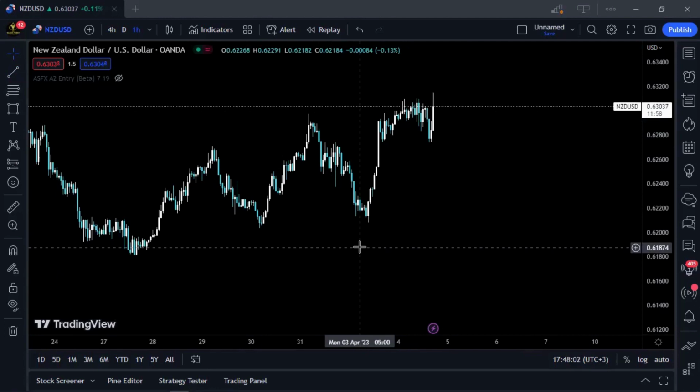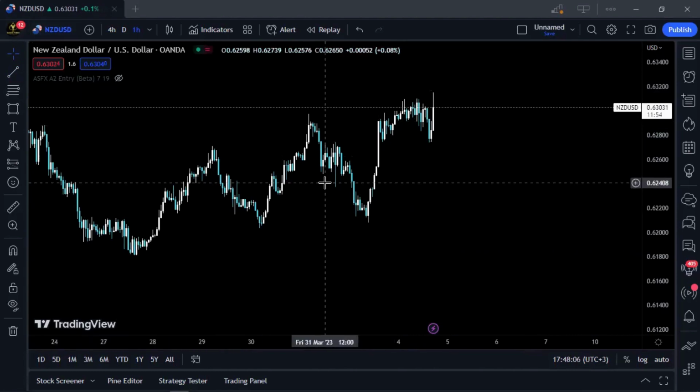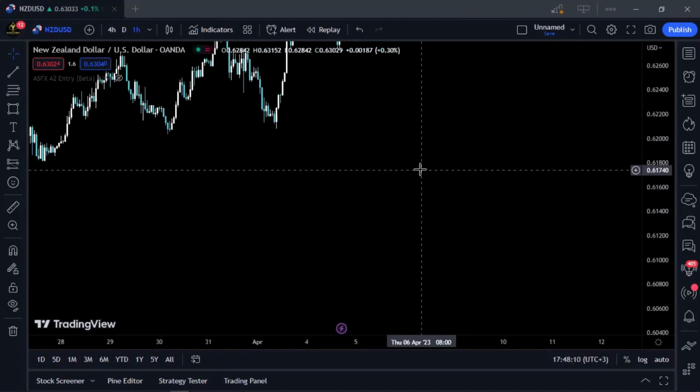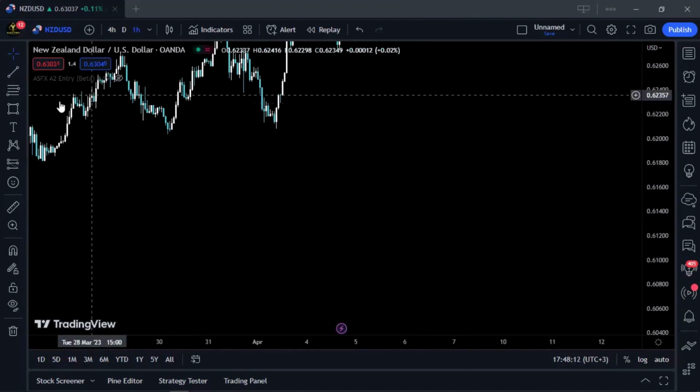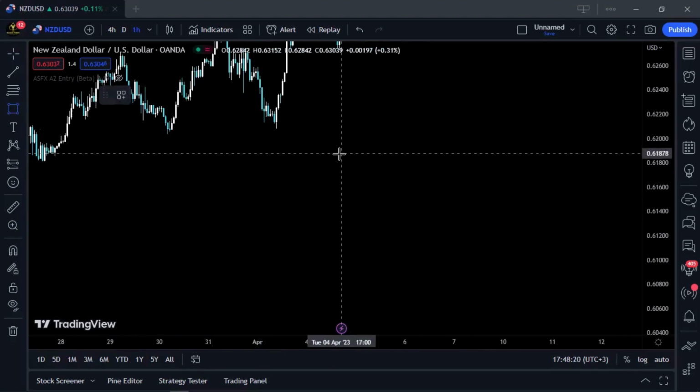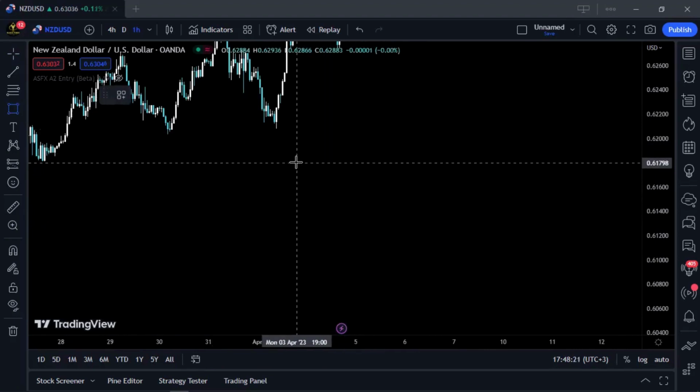So as you can see in front of us, we have the New Zealand dollar versus the USD. The strategy that I'm going to teach is actually called price action. The way you trade it is that you trade by using market structures, right?